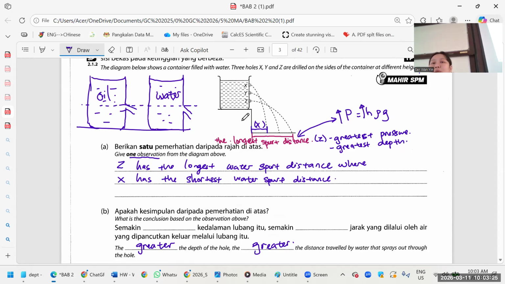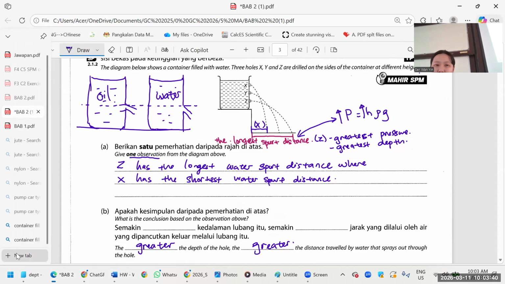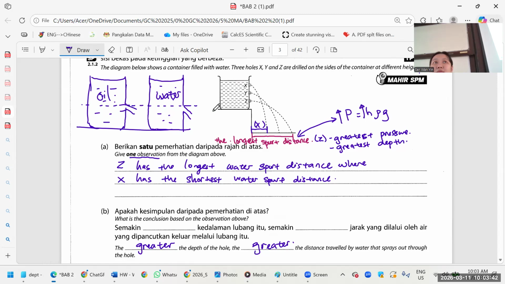The water spurts out is variable oil. Oh, all oil, not depends. All of the oil.